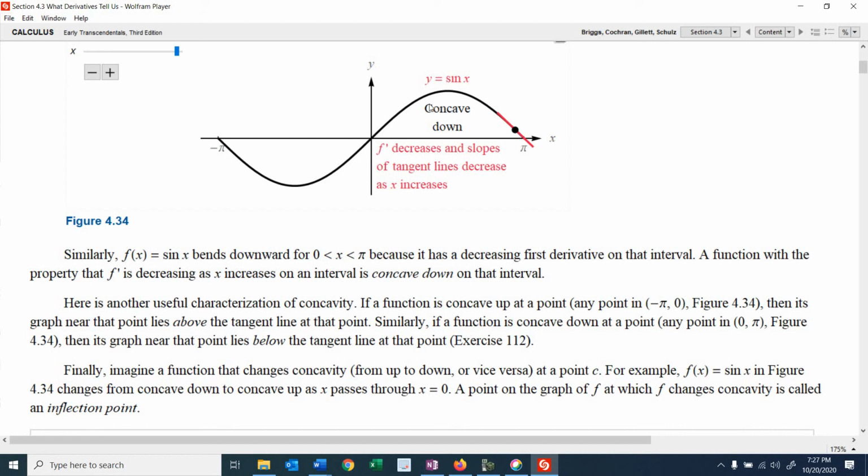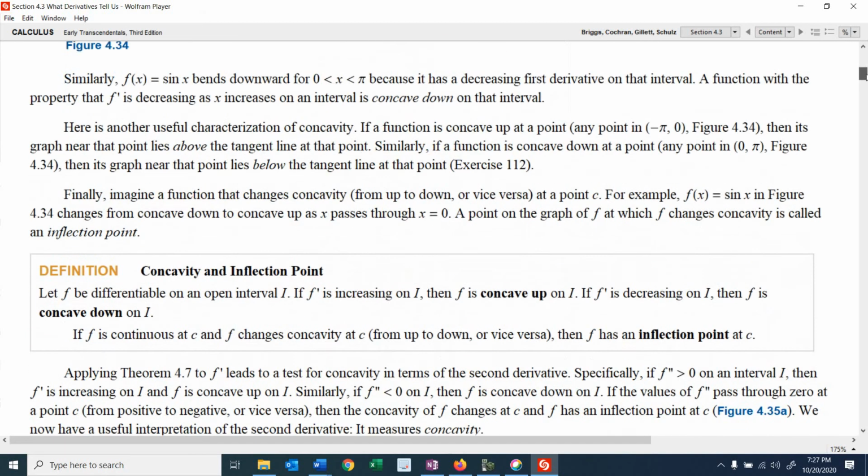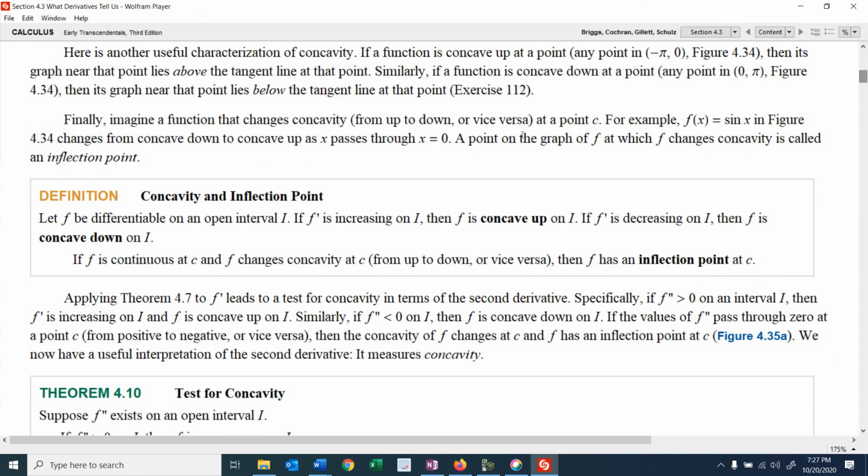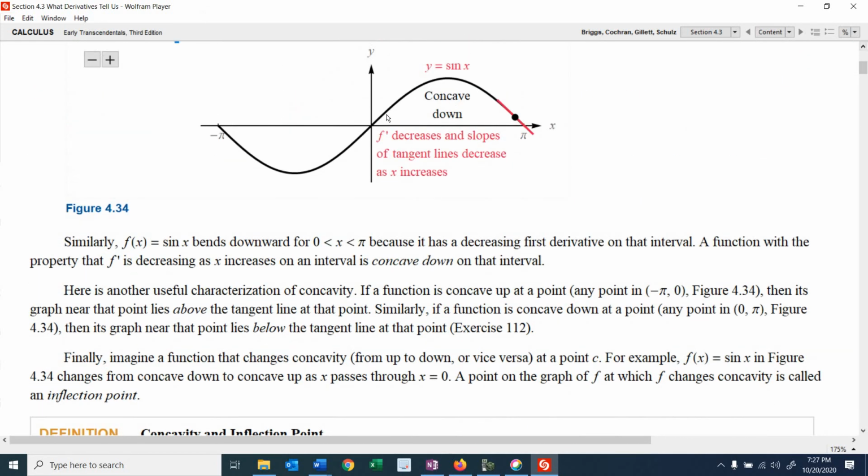So the derivative is decreasing in this interval. Again, if the derivative is decreasing on an interval I, then f is said to be concave down on I. Okay, so this part of the graph, it's concave down.